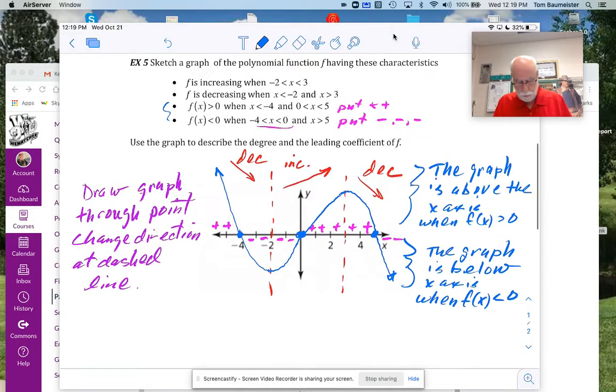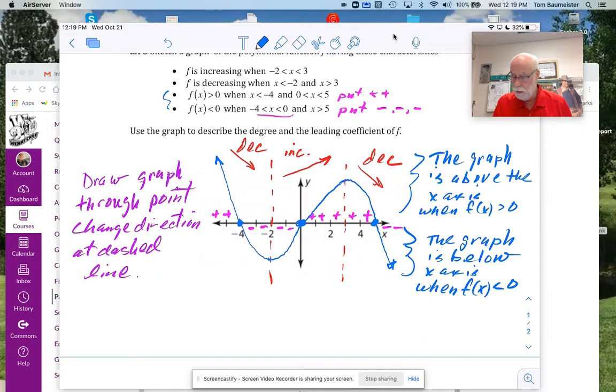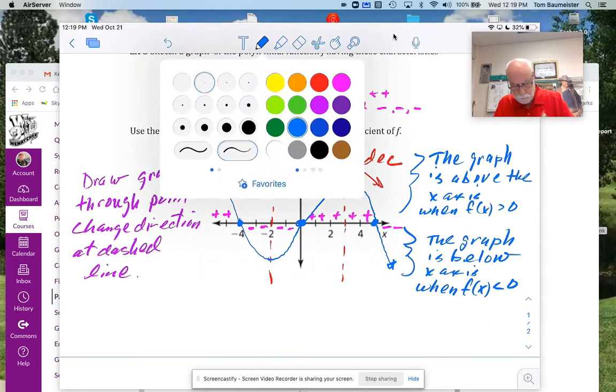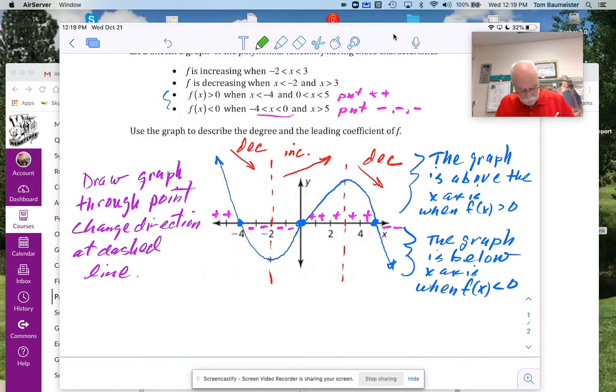And they want us to decide what the leading coefficient is going to be. All right. So again, from yesterday, we have to kind of remember what we have. I'll go ahead and go green. So what we can see here as x goes to negative infinity.